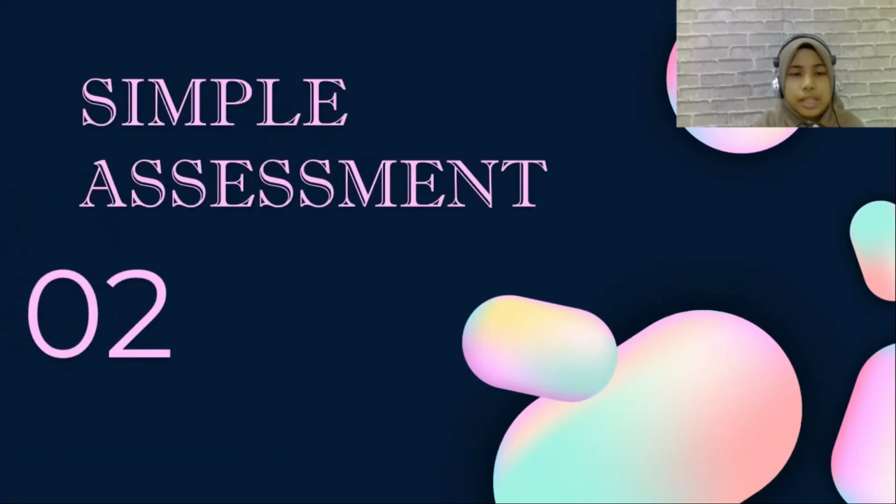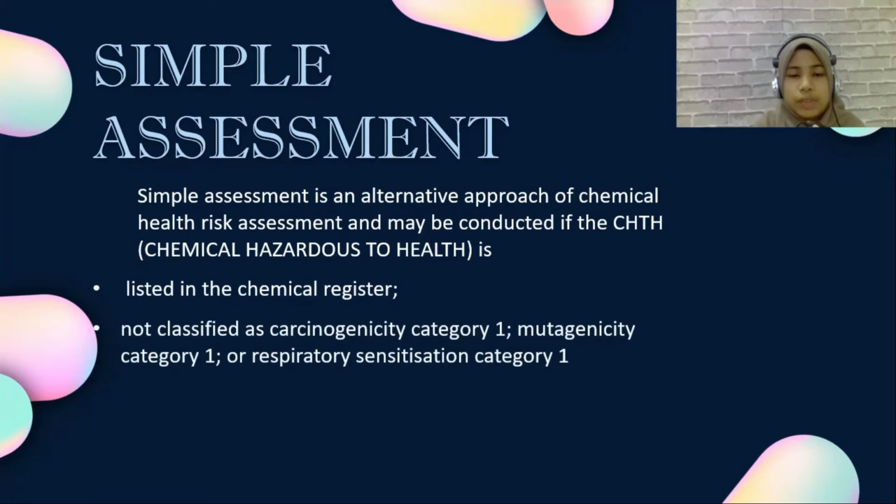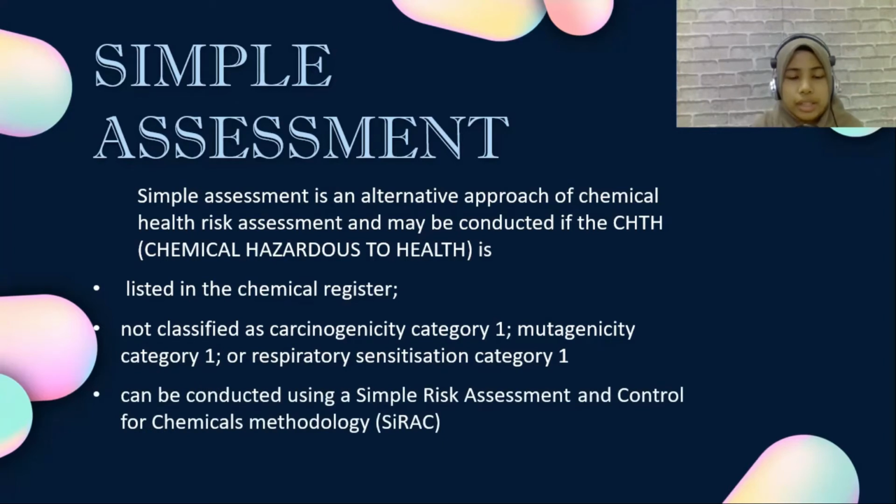Next, simple assessment. Simple assessment is an alternative approach of chemical health risk assessment and may be conducted if the chemical hazardous to health is listed in the chemical register, is not classified as carcinogenicity category 1, mutagenicity category 1, or respiratory sensitization category 1, and can be conducted using the Simple Risk Assessment and Control for Chemicals methodology, SCU1402.